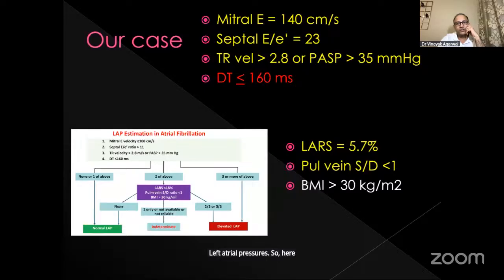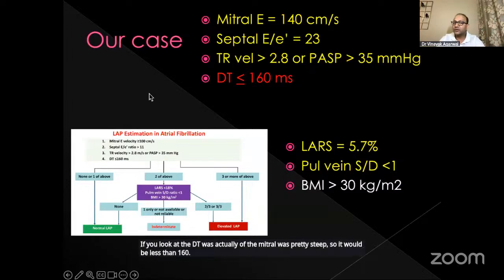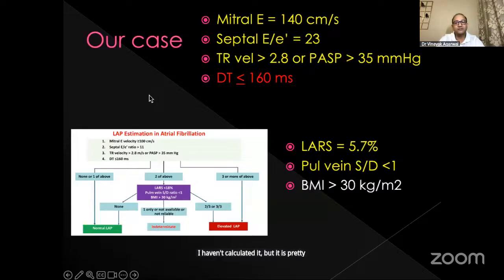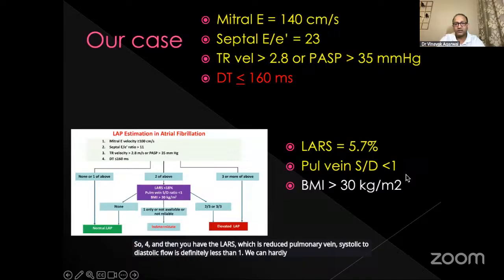So here we are, the positive findings in this case. The DT of the mitral inflow was pretty steep, less than 160. I haven't calculated it, but it is pretty evident by itself. So that is 4, and then you have the LARS, which is reduced. The pulmonary vein systolic to diastolic flow is definitely less than 1. We can hardly see the systolic wave.